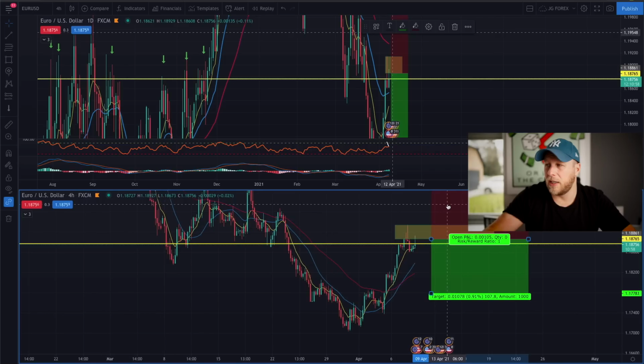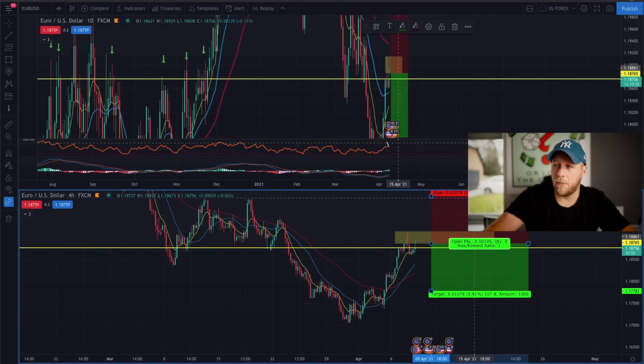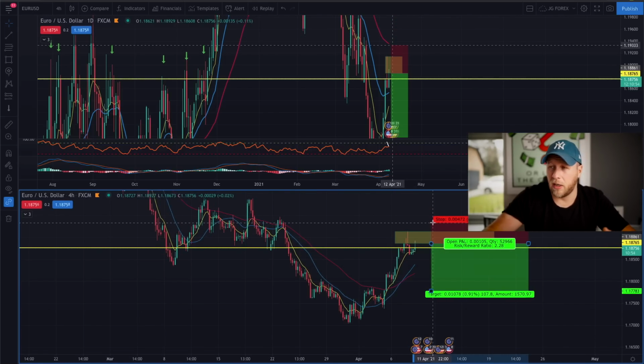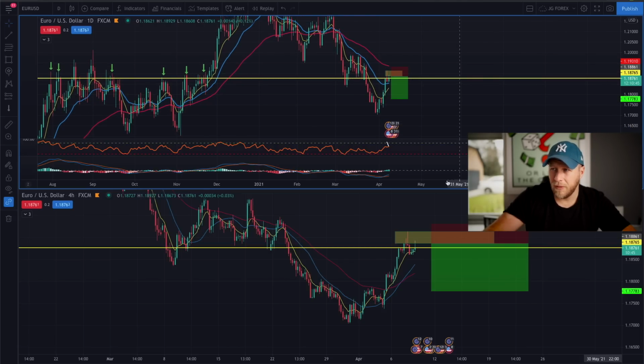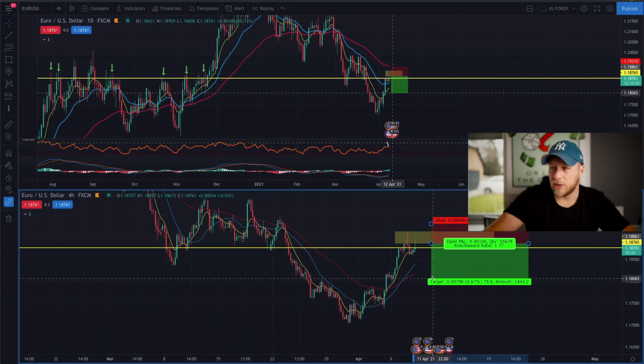So hopefully we can test a little bit higher. Let's just say that the market closes here. The stop loss would go an ATR or 1.5 ATR above the high, which is great. And then your target would be at structure. So again, if we look at where the structure level is, you've got some decent room for targets here.